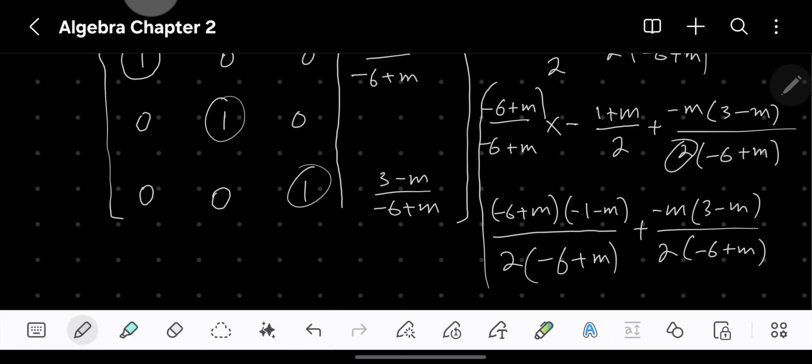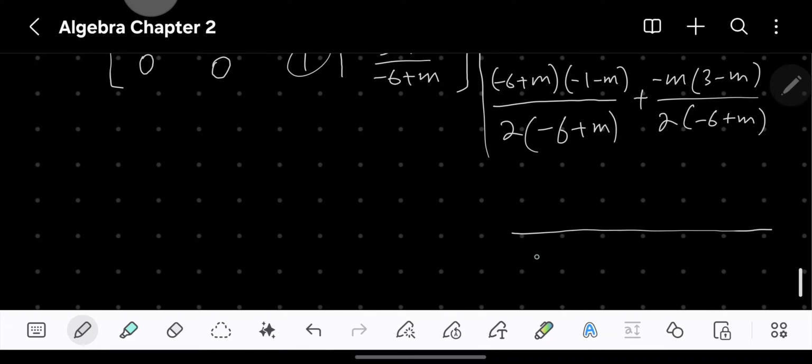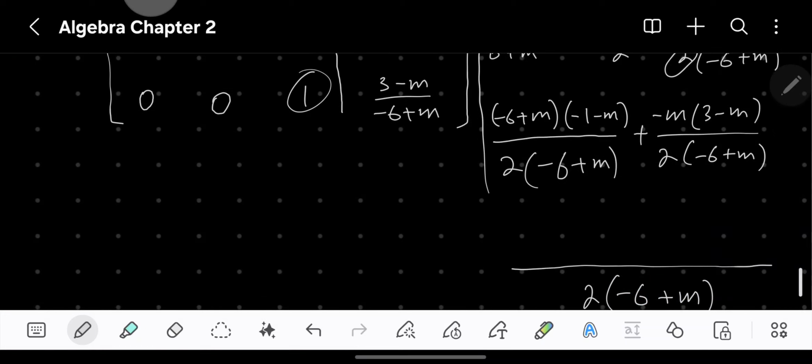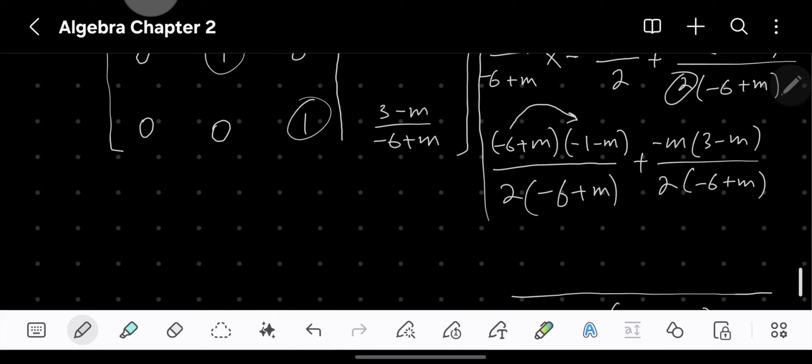Now you can check that the denominator is common. So what will I do? I will write 1 times the denominator, minus 6 plus m, 1 times. I will write these terms. I'll multiply them. First I will multiply minus 6 by minus 1. Minus 6 by minus 1 is plus 6 because minus minus plus.